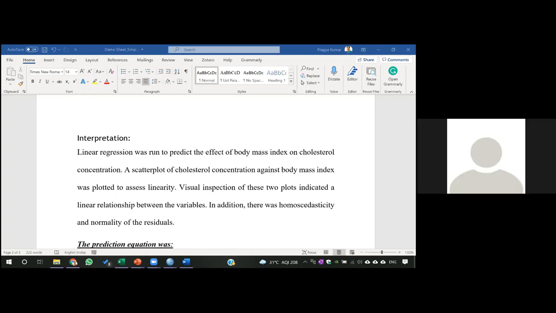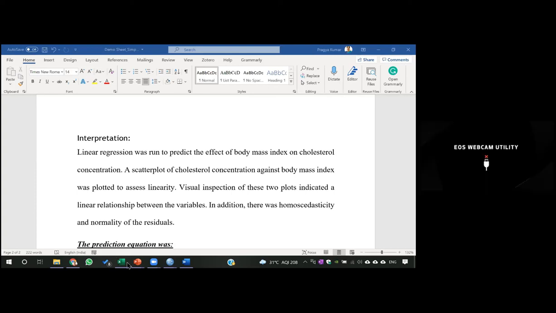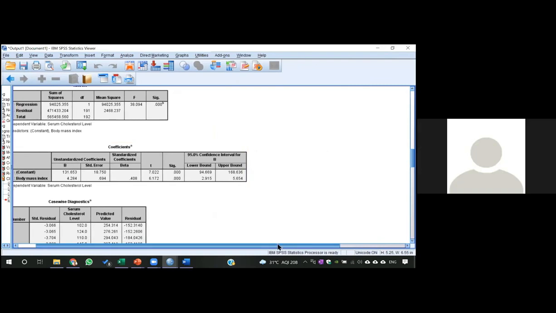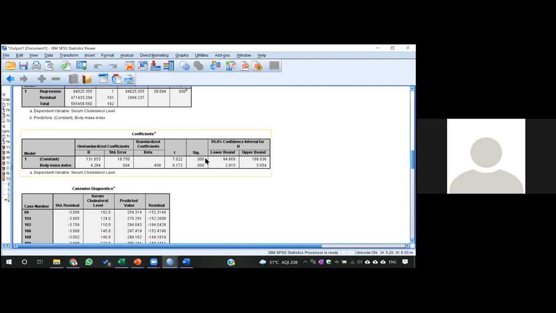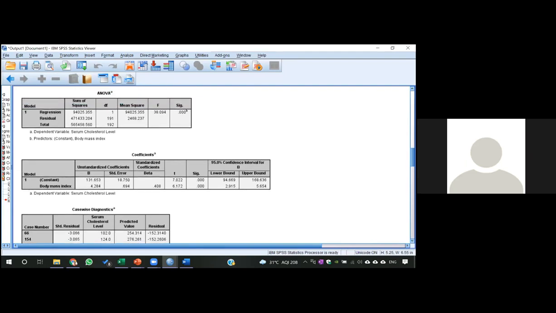Ma'am, can you project your SPSS output file? Yes, sure. Here, ma'am, in the constant part, the significance value is coming less than 0.05. Suppose your ANOVA gives you a non-significant result. Will this be significant in that case or not?